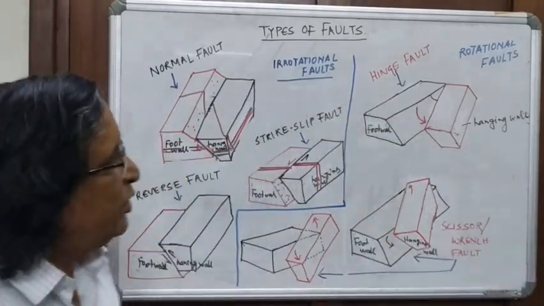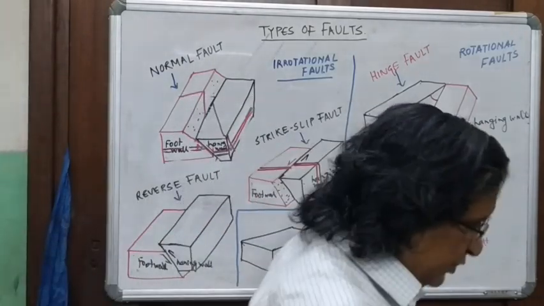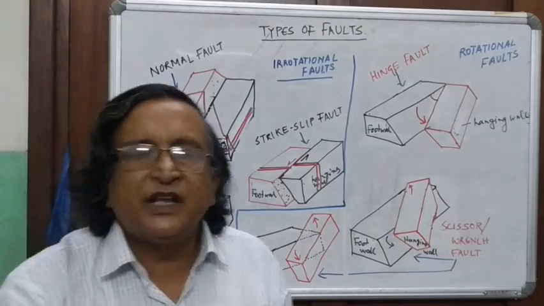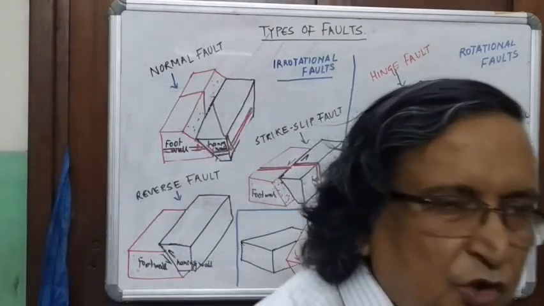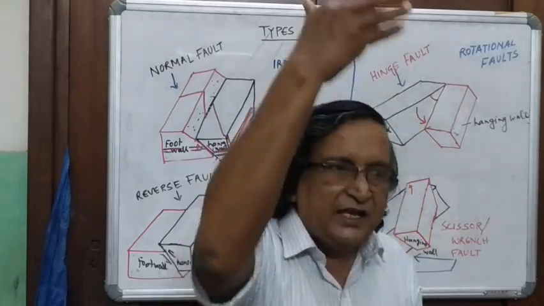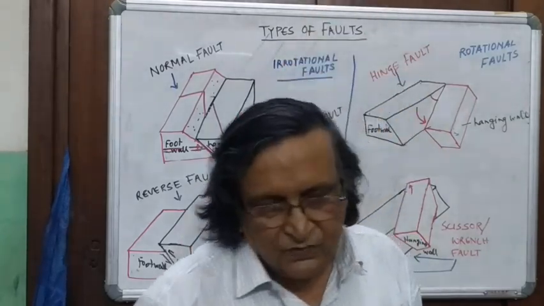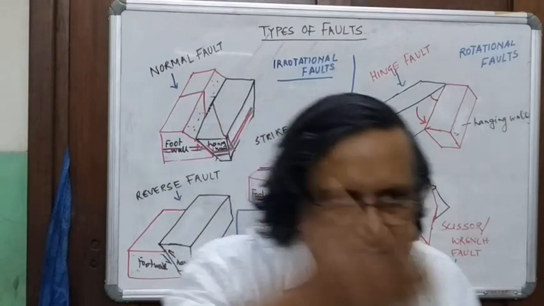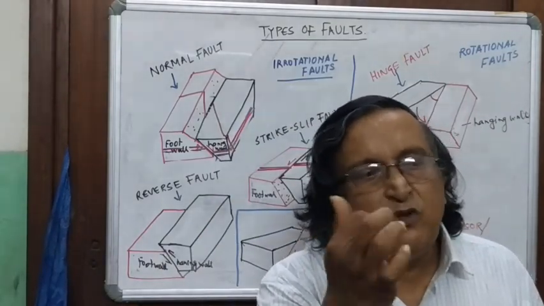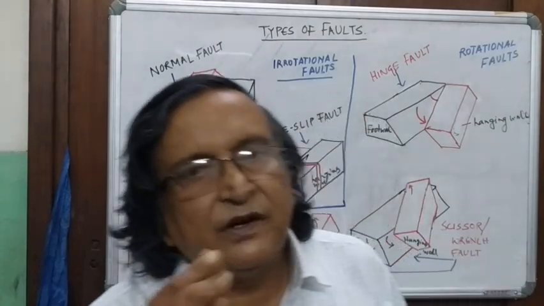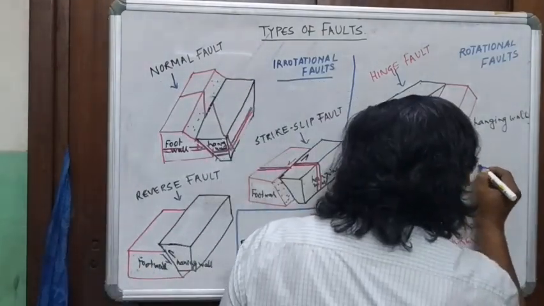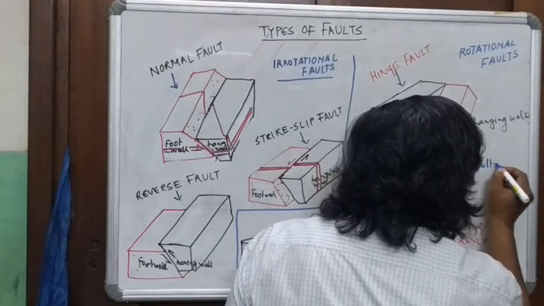So if you put your hand on a fault plane, it looks like glass, because of the tremendous abrasion as the material slides past each other. And sometimes, due to this crushing, a lot of powder-like material is generated. This is called fault gouge.